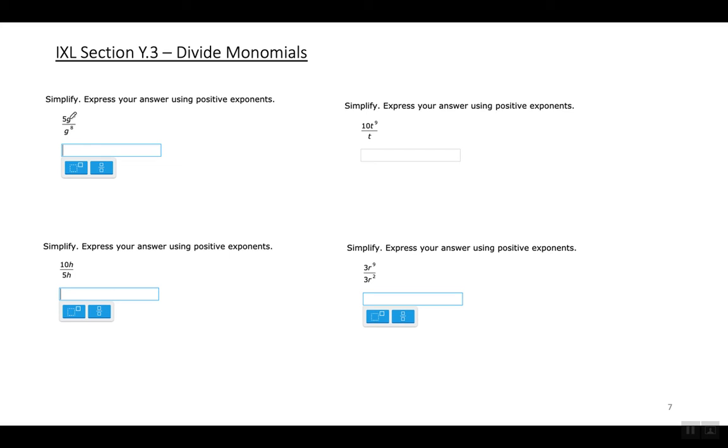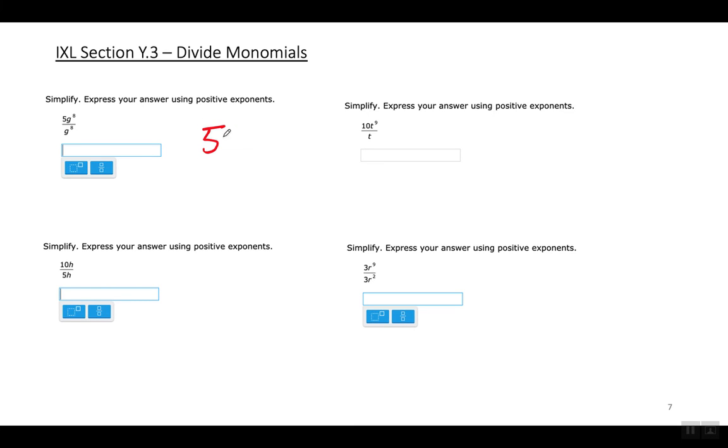If the bases are the same, you subtract the exponents. Instead of adding the exponents, you do the opposite. You subtract the exponents, okay? Cuando estamos dividiendo monomios, los variables, si tienen la misma letra o la misma base, se restan los exponentes, okay? Se hace lo opuesto de sumar, que sería restar los exponentes.